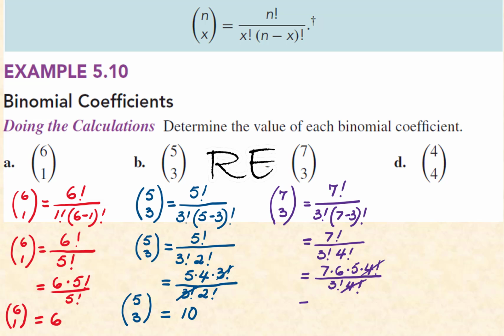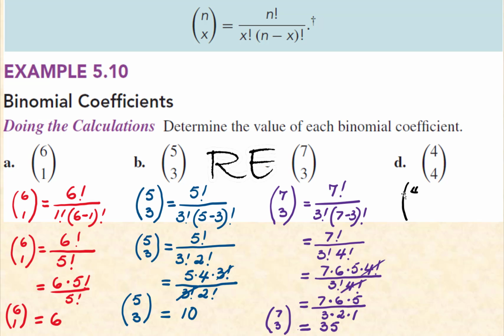And the 4 factorials cancel out. We are left with 7 times 6 times 5 divided by 3 factorial, which is 3 times 2 times 1. And 6 over 6 is 1. 7 times 5 will be 35. Choose 3 out of 7, order doesn't matter, the answer is 35, the binomial coefficient.